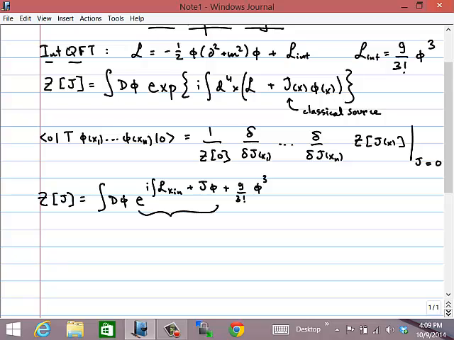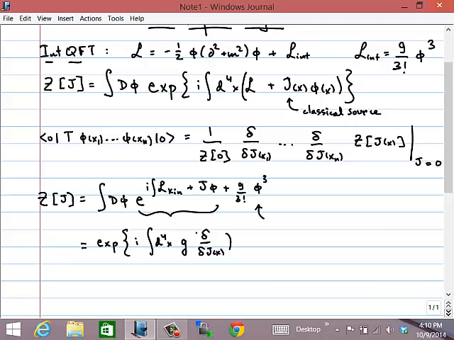And you notice that taking a functional derivative with respect to j precisely just gives you an insertion of the field phi, so that z of j can be rewritten as the exponential of i times this interaction term, so that was integral d4x of g times phi cubed, but we replace every phi by a functional derivative with respect to j of x.